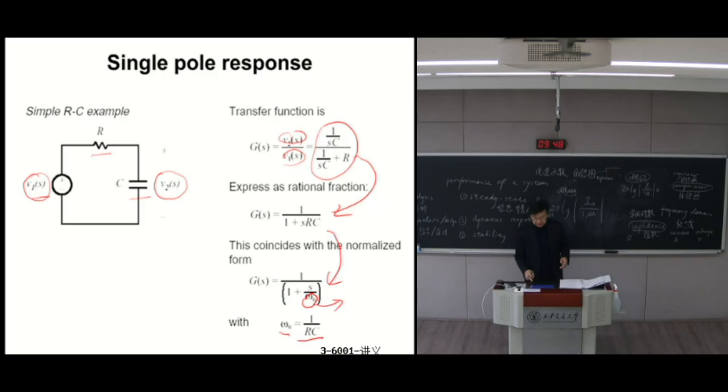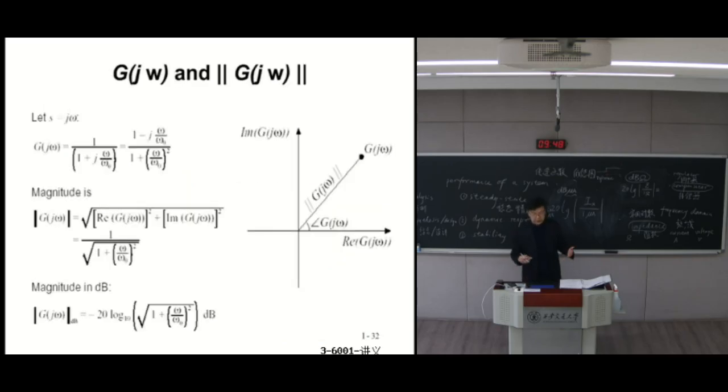But then how about its Bode plot? Based on the physical meaning, you would be able to calculate the magnitude of this transfer function. For the transfer function, let s equal j omega, and then you do all this to calculate the magnitude of this single pole transfer function.